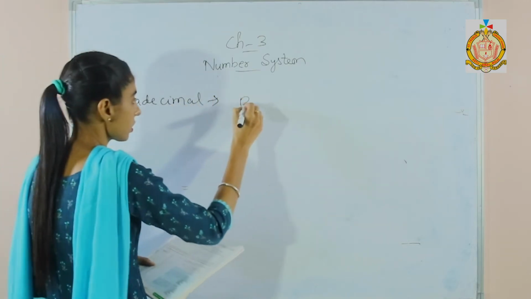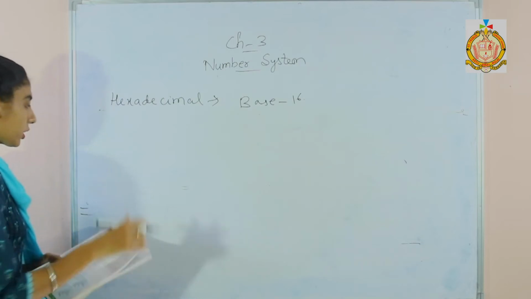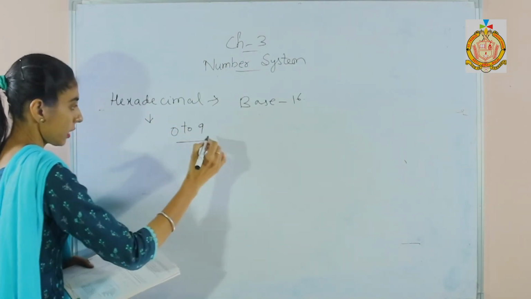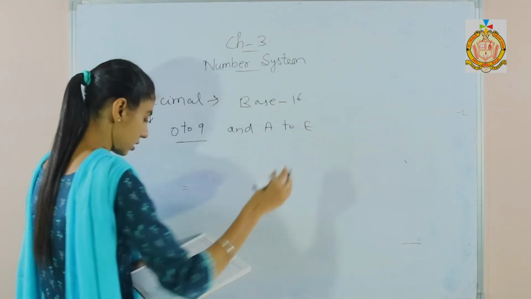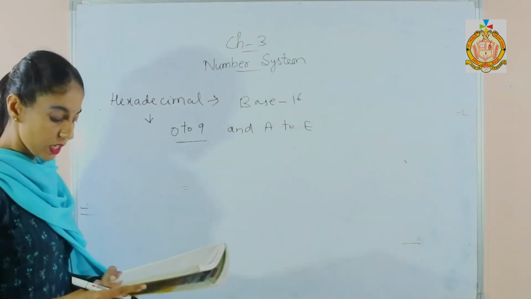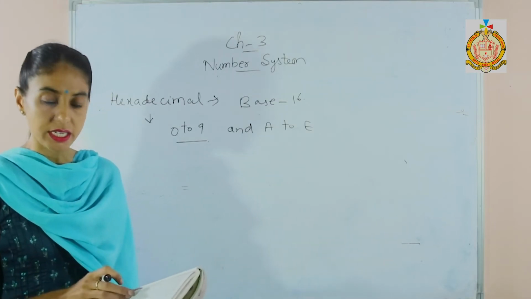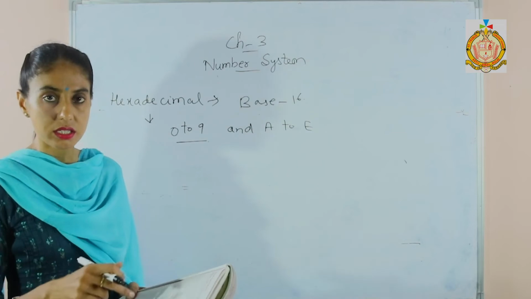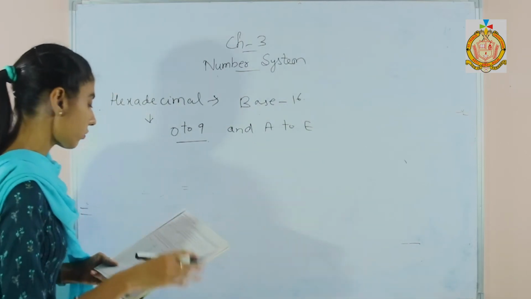Its base is 16 and it includes the symbols 0 to 9 and alphabets A to F. In your book on page number 25 there is a table. You have to read the values of hexadecimal, binary and the decimal. In this system you have to learn this first, and then you will be able to solve these sums.